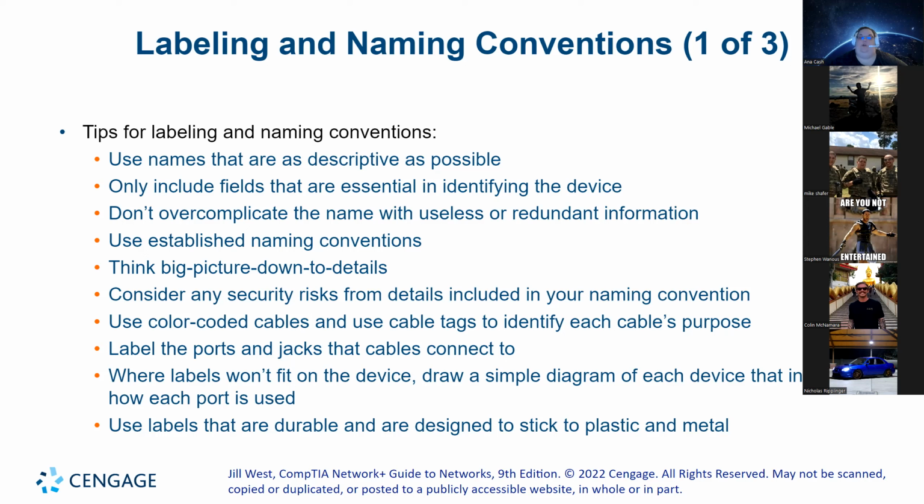Use labels that are durable and are designed to stick to plastic and metal. A lot of the times I've seen everything from those embossed labels like they use in construction to label printers. And I've actually seen some where they use etching devices. So you never know what's going to be used for labeling, but make sure that whatever it is is going to stay there.